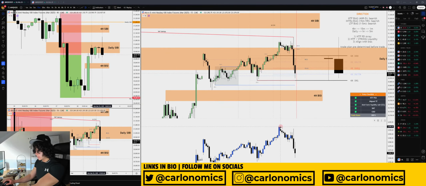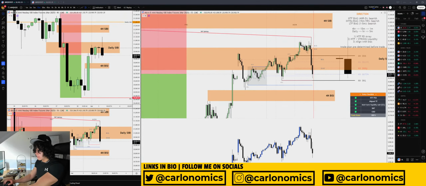So yeah, ES failed to take out the high of day once 9:30 opened, but NQ was able to take out high of day. So we had a small SMT at the highs paired with the higher time frame hourly SMTs. So we had a higher time frame SMT and a lower time frame SMT at the highs.